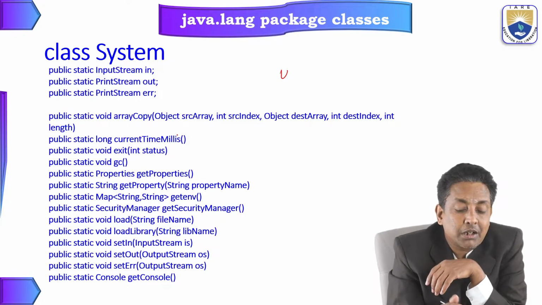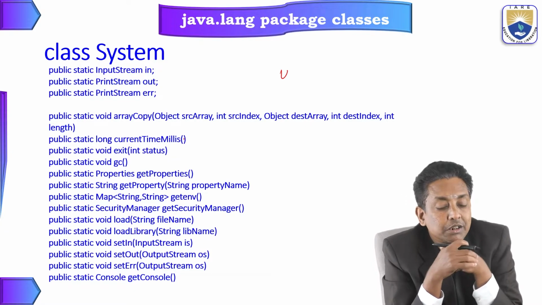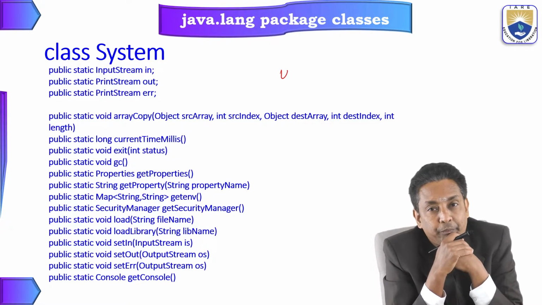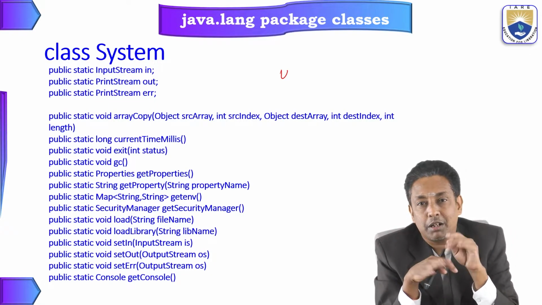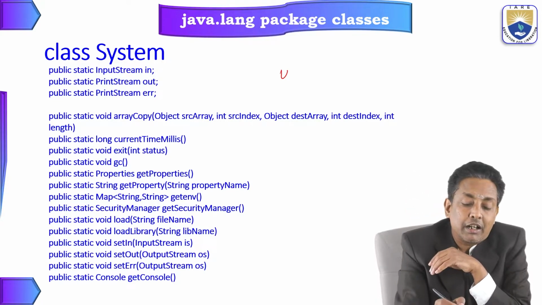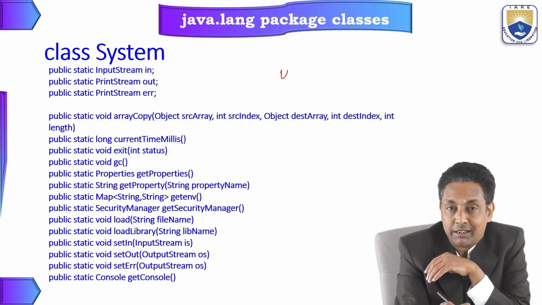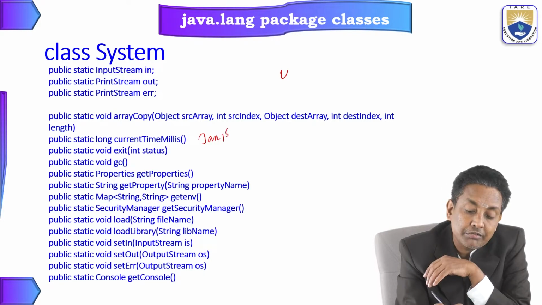And the next, System.currentTimeMillis. This function returns a long value. Even if you write one small Java program and call System.currentTimeMillis, this function will return the number of milliseconds since January 1st, 1970.